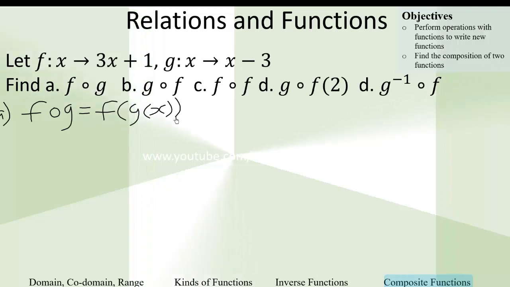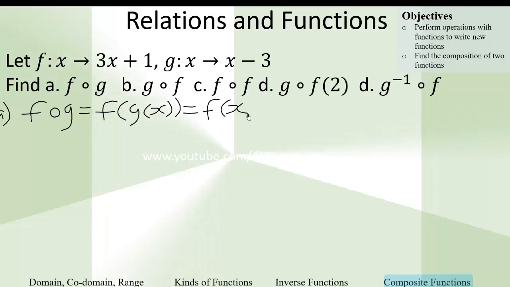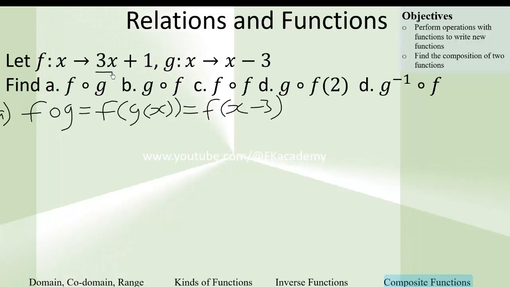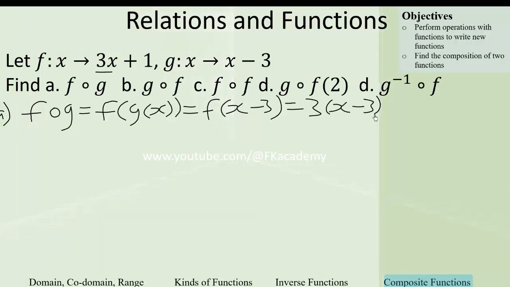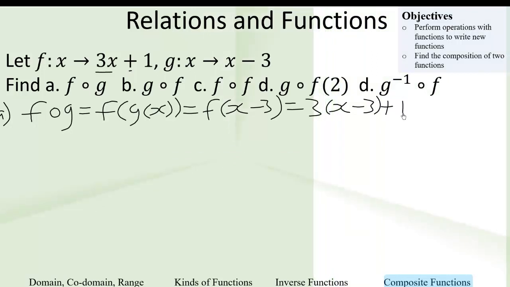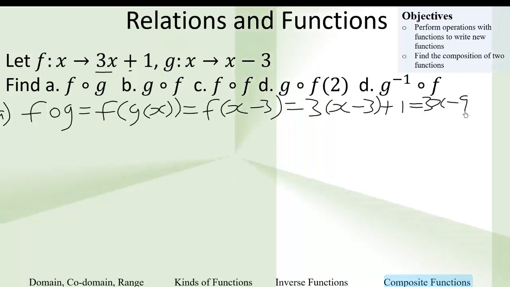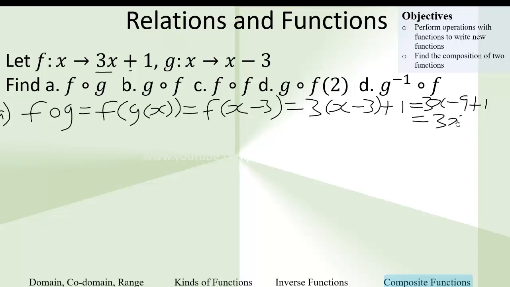So this will be equal to f of x minus 3, because g of x is x minus 3. And we know that f is given by 3x plus 1. So this will be equal to 3 into bracket x minus 3, then plus 1. So when you expand this, you get 3x minus 9, then plus 1. So that will result to 3x minus 8.